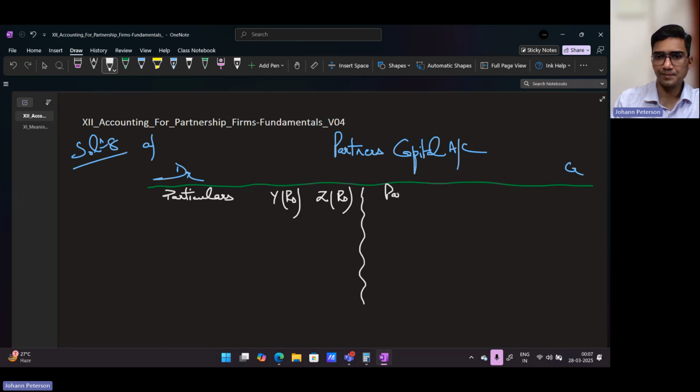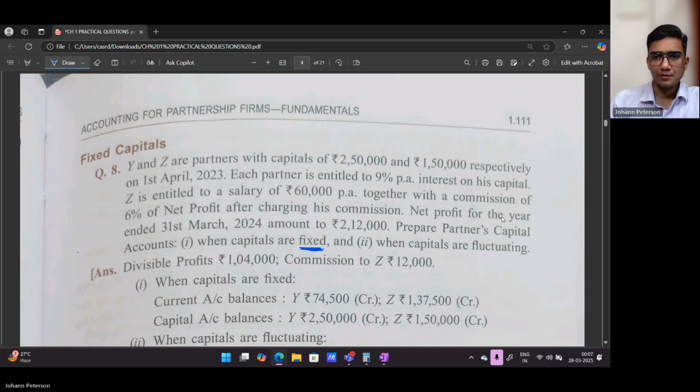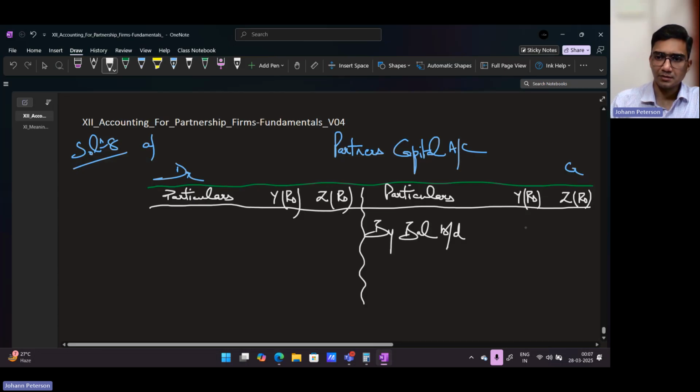Similarly, particulars, Y rupees and Z rupees. Okay, so in the partner's capital account, the first thing that we can mention is by balance brought down, which is given as 250 and 150 respectively on 1st April. So these are opening balances.